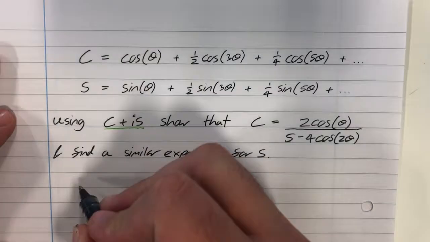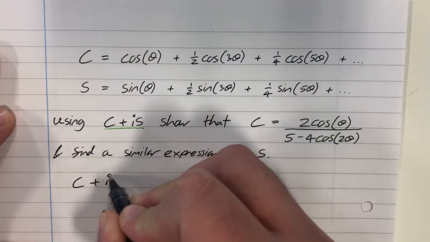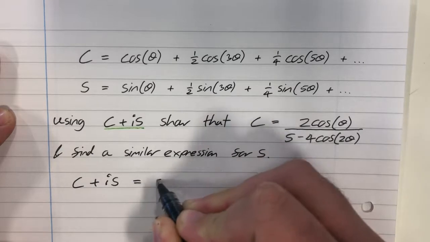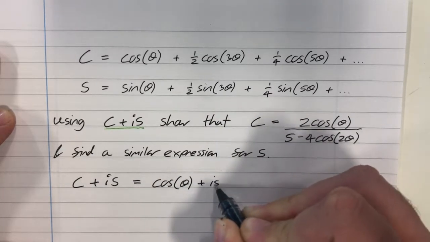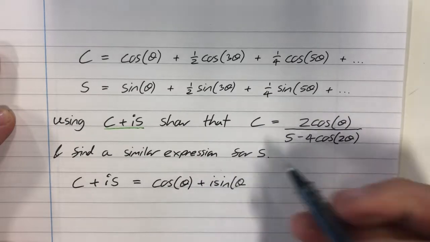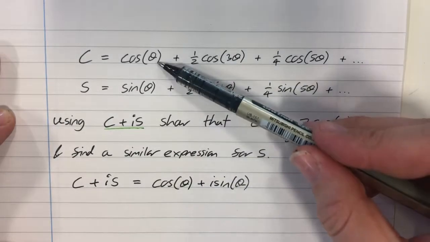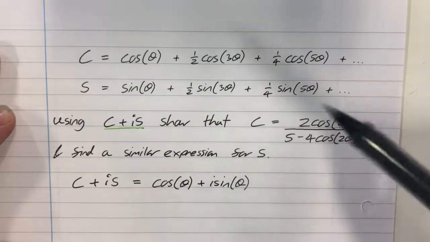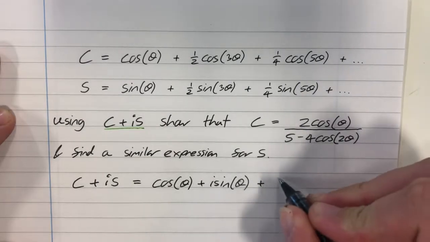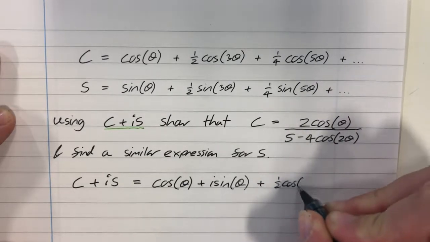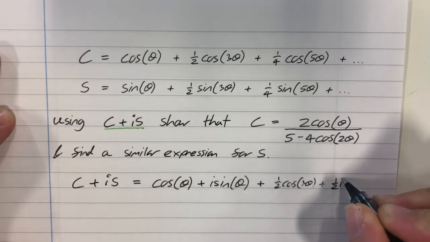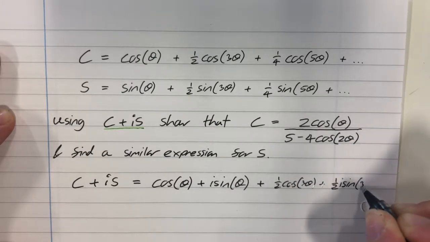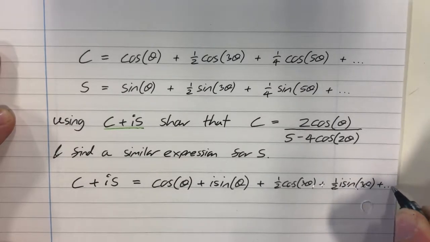So C plus iS is going to be cos of theta plus i times sine of theta, plus a half cos of 3 theta, plus a half i sine of 3 theta, and so on.